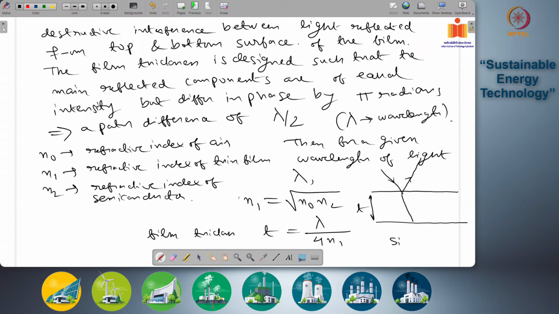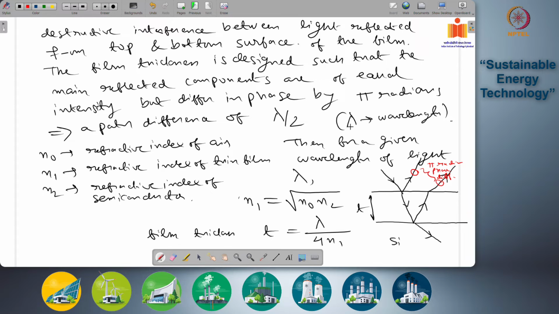Part is refracted here, and again getting reflected this way, and the rest is getting refracted again. So these two light rays have a phase difference of pi radians, and this happens because the extra path that this light is traveling is lambda by 2.